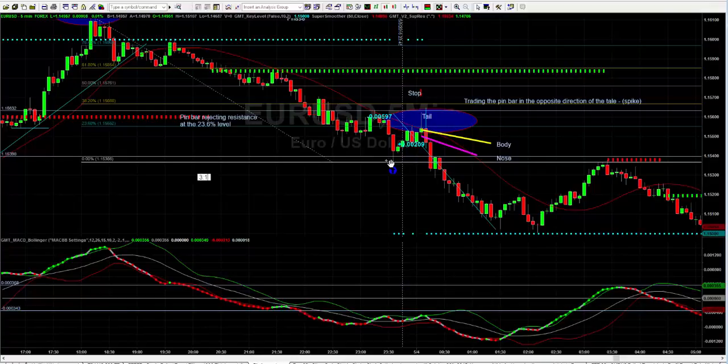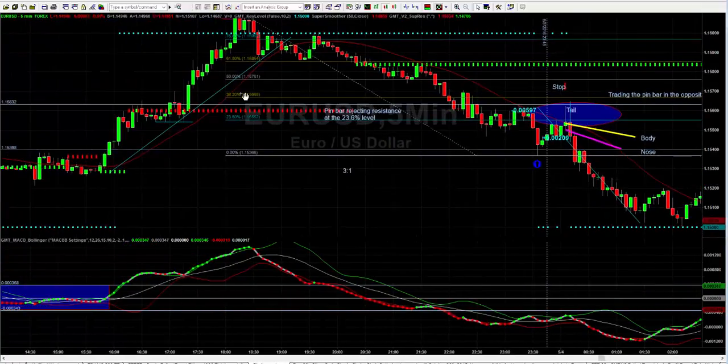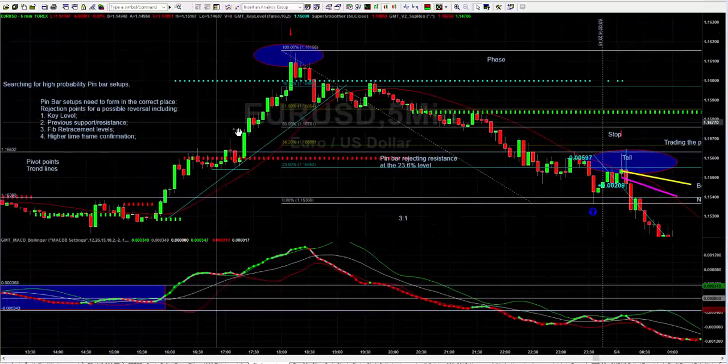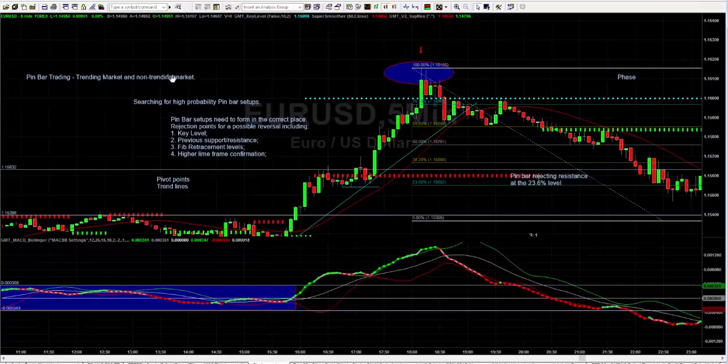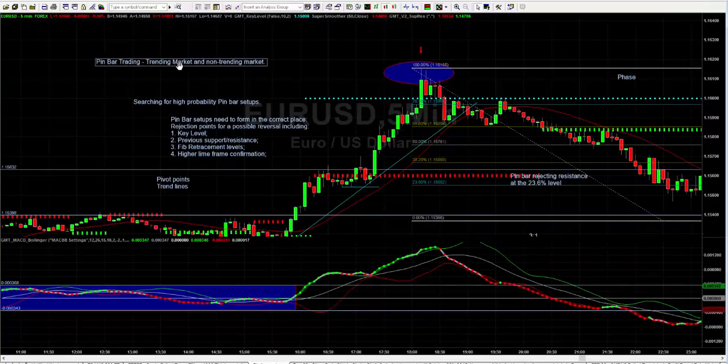So what we then need to do is qualify, well, what are our pin bar setups? You've got your consolidation setup, you've got your continuation setup, you've got your reversal setup. So following a significant move or a significant price move, there are a number of ways we can trade the pin bar reversal. Even within the scope of our brief here, we've got market trending, so we've got a reversal there.